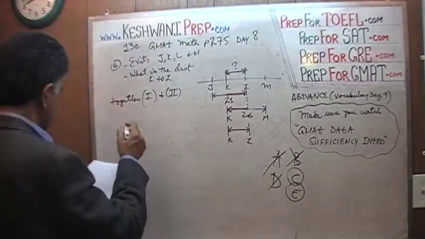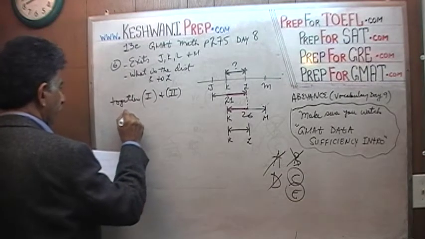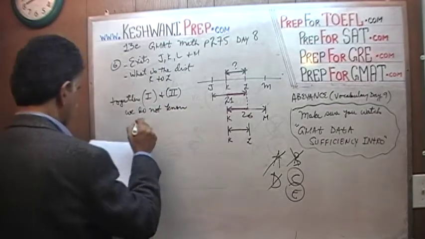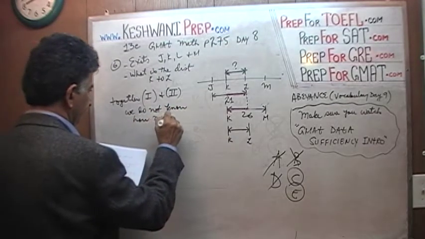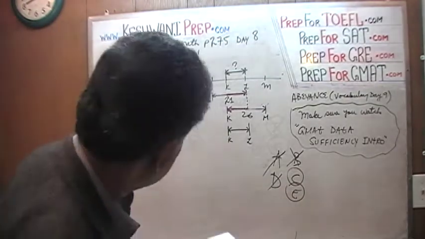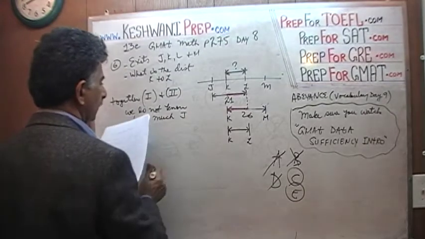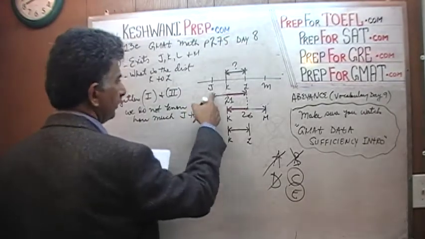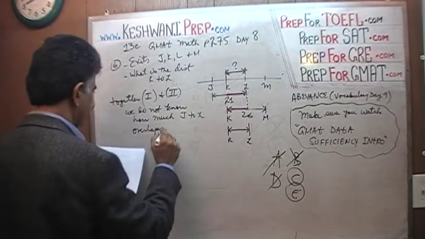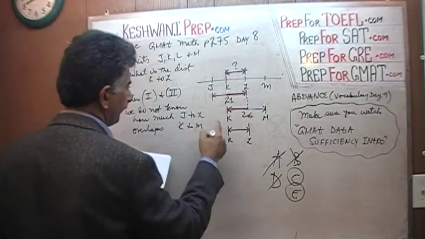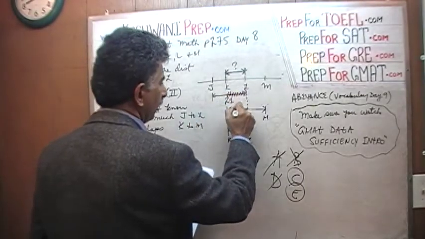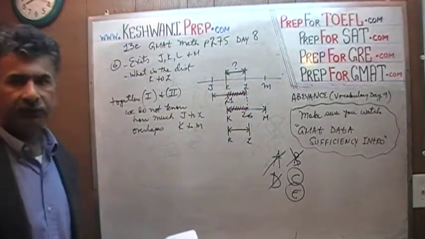We do not know how much J to L overlaps K to M. This part here that is overlapping, we do not know how much that distance is.